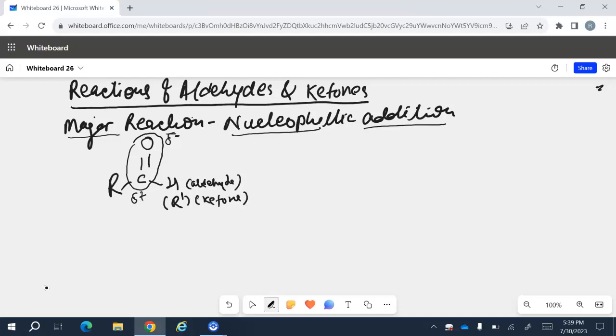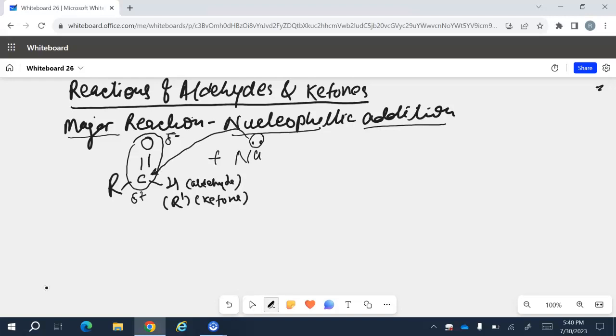Now, in such a polar carbonyl group, a nucleophile, a species having either a lone pair of electrons or a negative charge, will attack the carbonyl carbon.